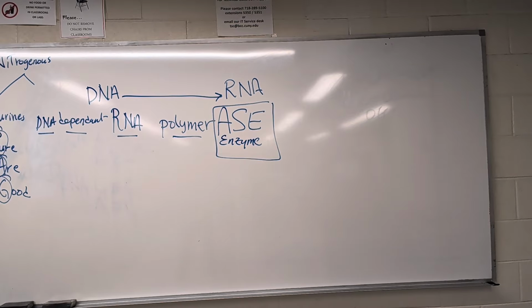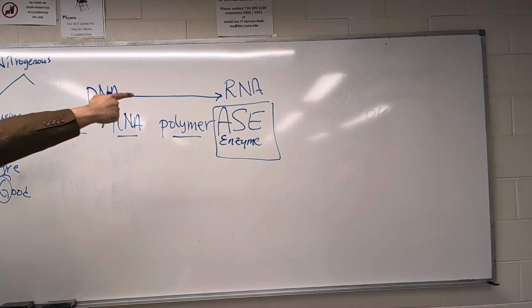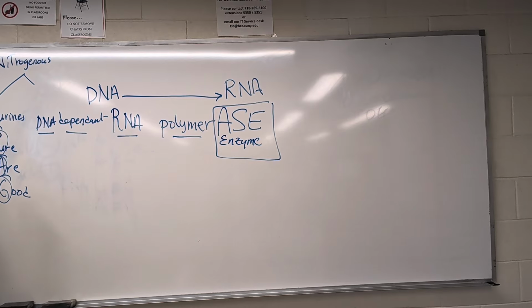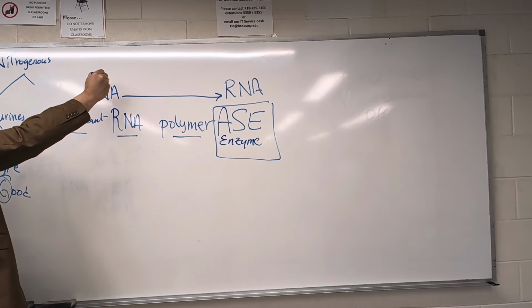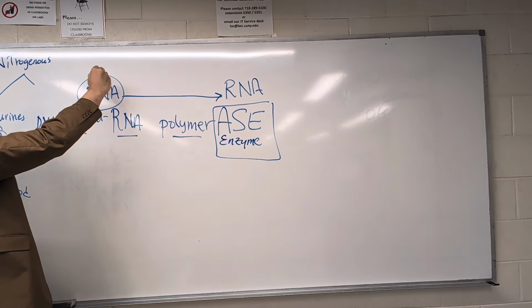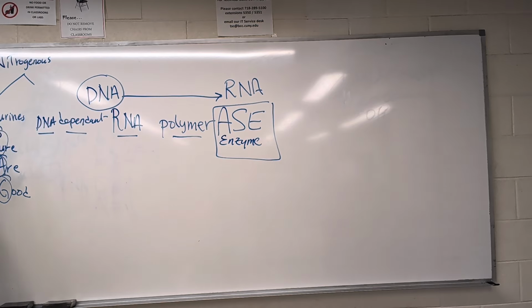It depends on DNA to give you mRNA. When you go from DNA to RNA, that's known as DNA dependent because you depended on the DNA to give you an RNA.